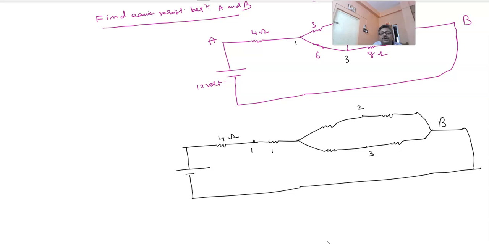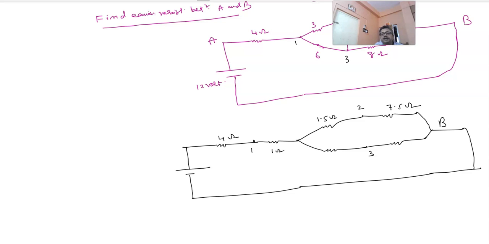This is going to be 1. Okay. With 2, this junction, it will be 27 by 18, that is 3 by 2, I mean 1.5 ohms. This is 7.5 ohms.